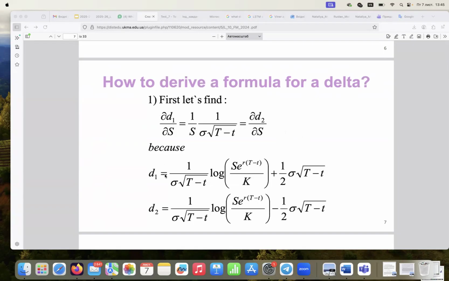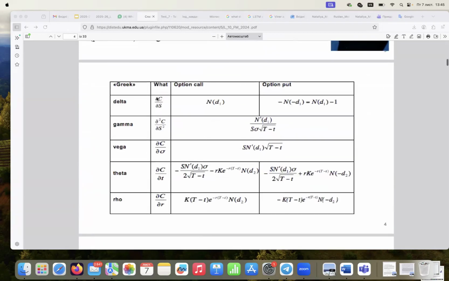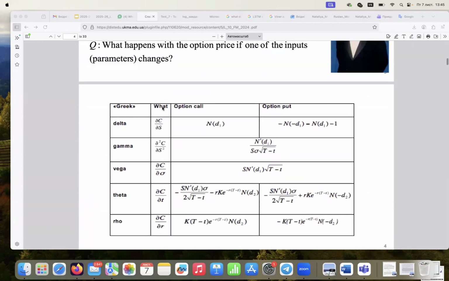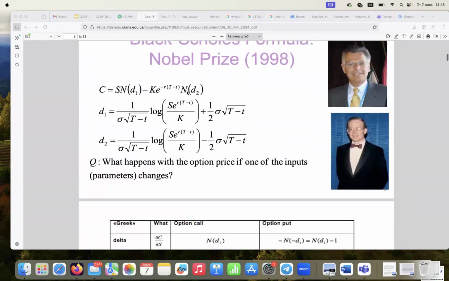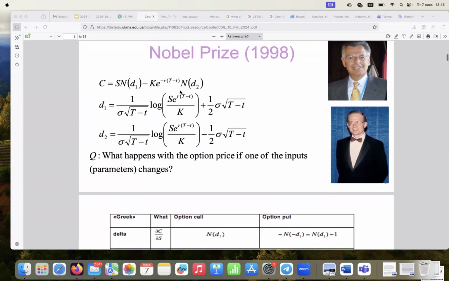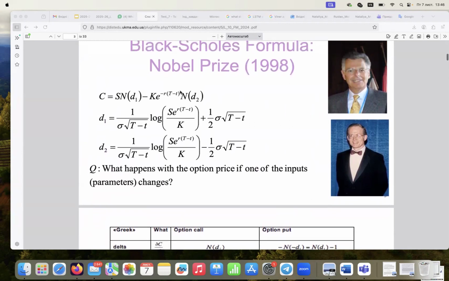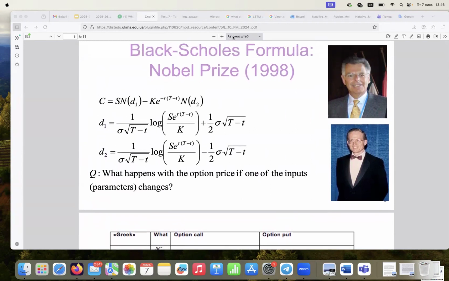We know what D1 is, what D2 is, and we need to find dC with respect to dS, where C is this formula.